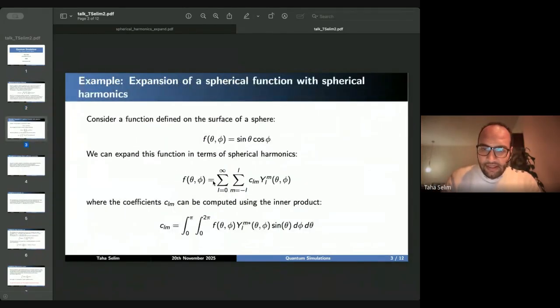So typically, if you are given data that's computed by this function, then we can expand this function, or represent the data from this function, in terms of spherical harmonics using spherical harmonic expansion.